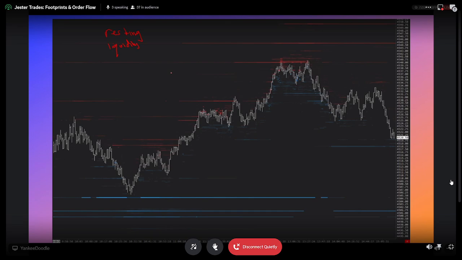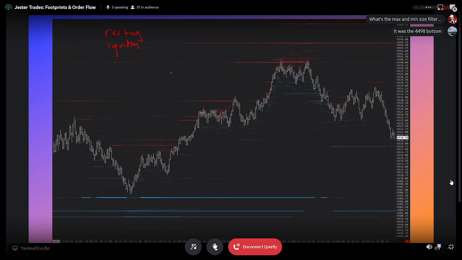Someone was just sitting there with liquidity, the whole damn day. And it took price about 5 hours to make its way through all of the resting orders to get to that big pocket of liquidity at the bottom. And then when it got there, it just completely rocketed after that.